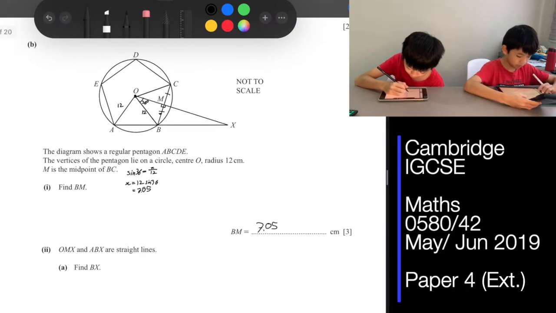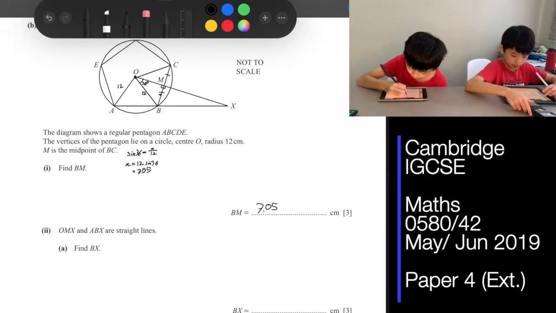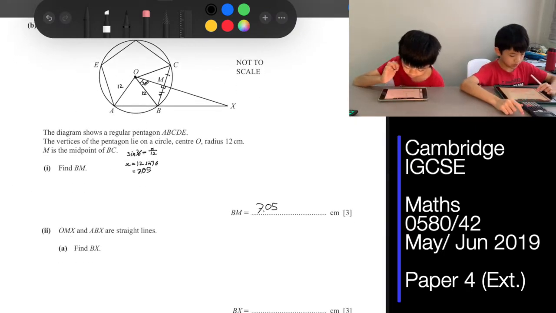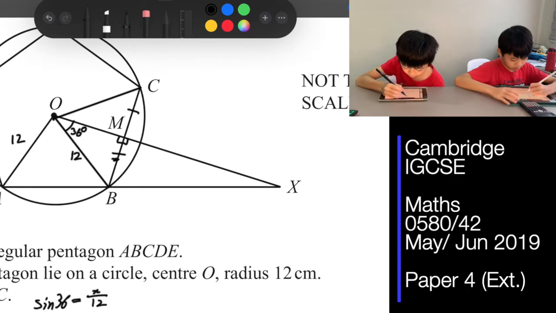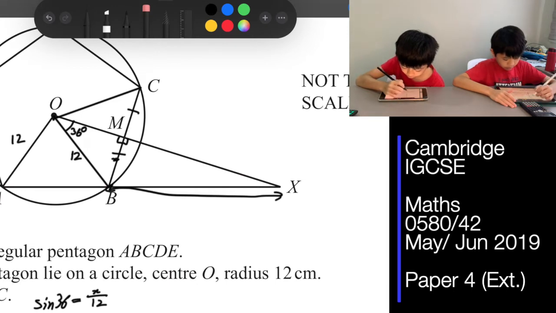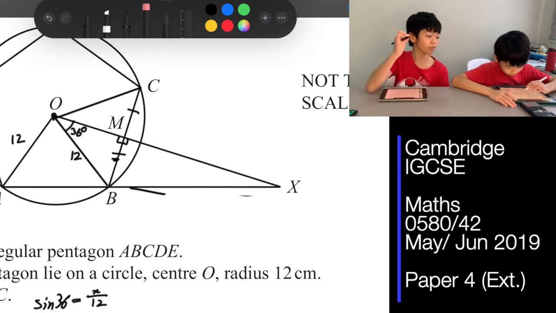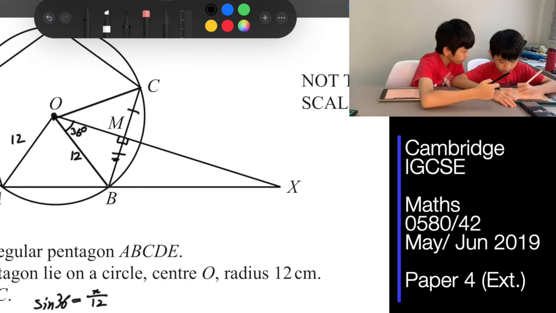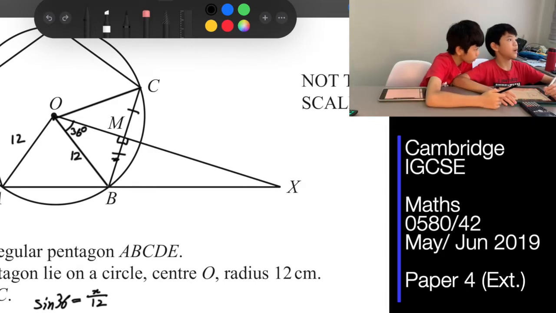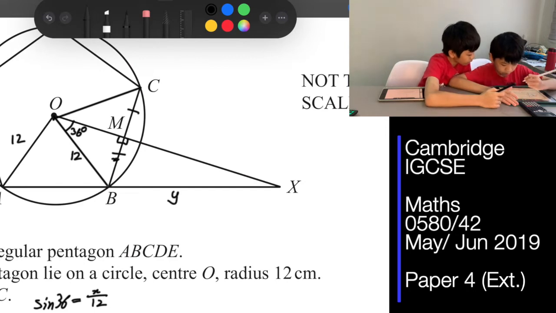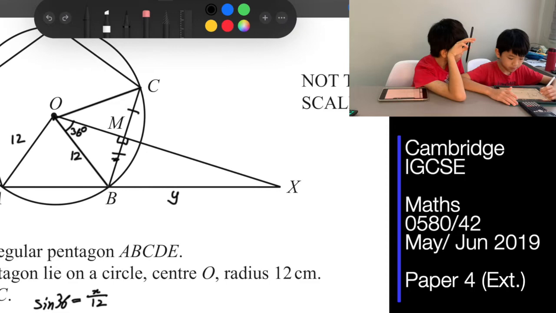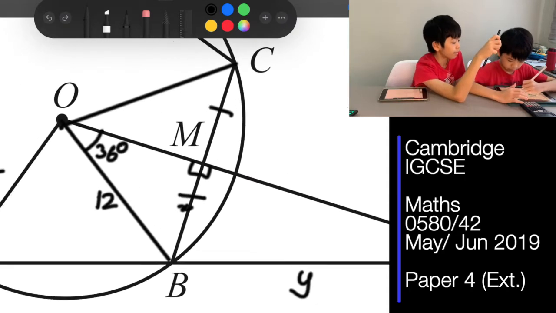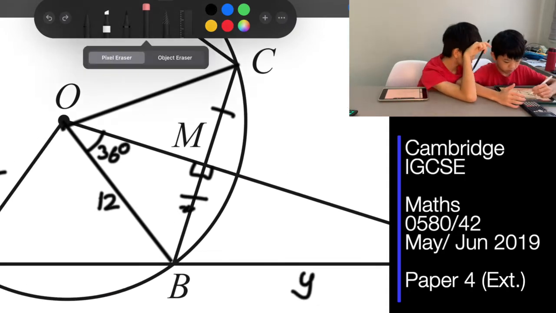Okay, for question 7b2, OMX and ABX are straight lines. For 7b2a, we need to find BX. Before we do anything, we need to find this angle, but first we label BX as y. We also label 7.05 here.